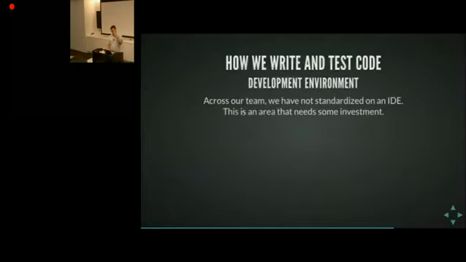So one of the things that's troubled me and a lot of the team is the development environment. Across our team of 14 folks, we still don't have a standard development environment. Some of us use Eclipse, some of us use WebStorm, some of us use IntelliJ, some of us use Vim. I use Vim. Some of us use Sublime Text and a terminal window.